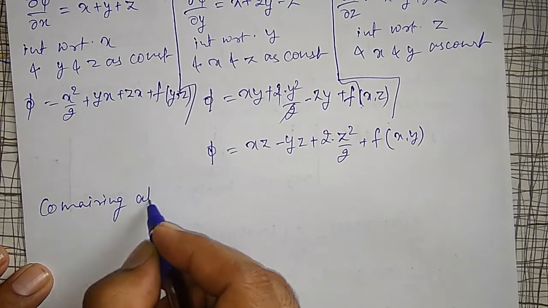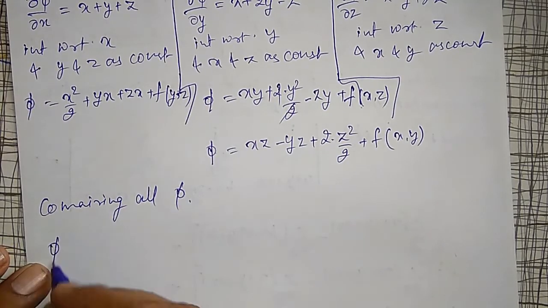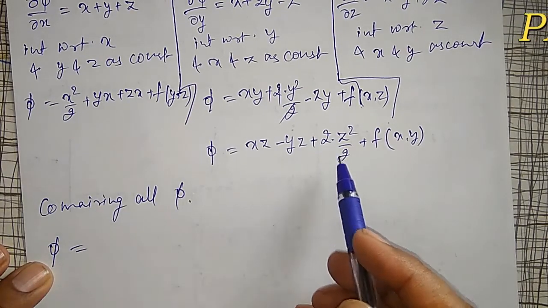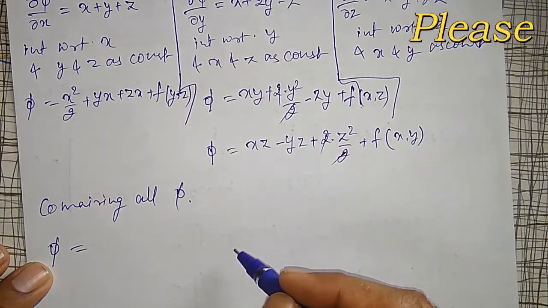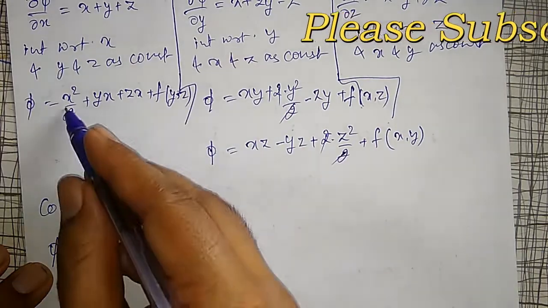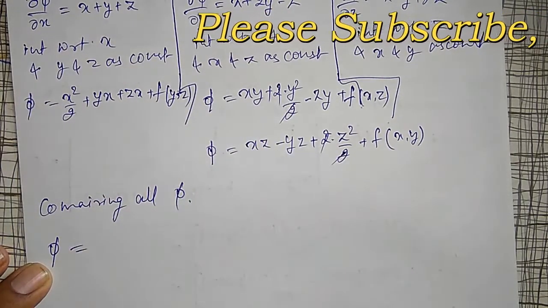Comparing all these results, I am going to get phi equal to x square by 2. Note where x square by 2 is there, 2 cancels. Then first I will write the common things.